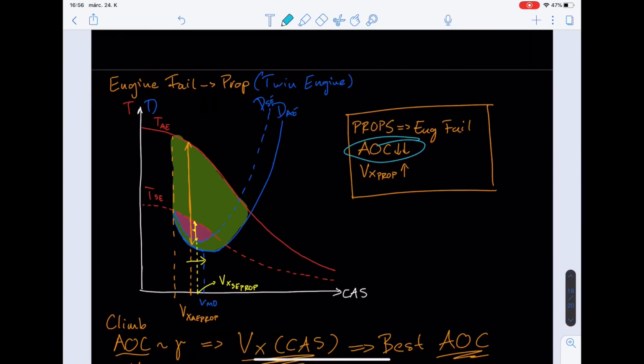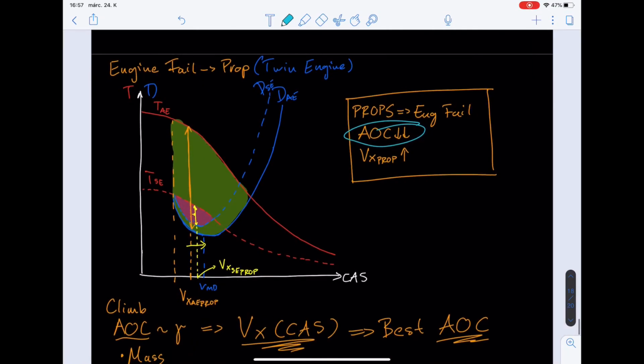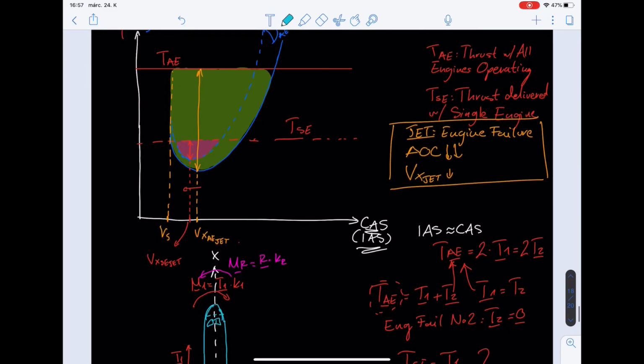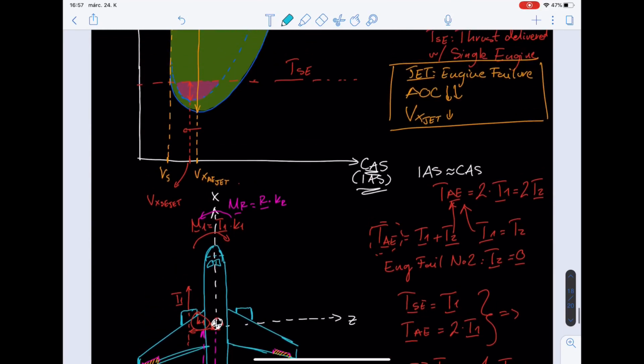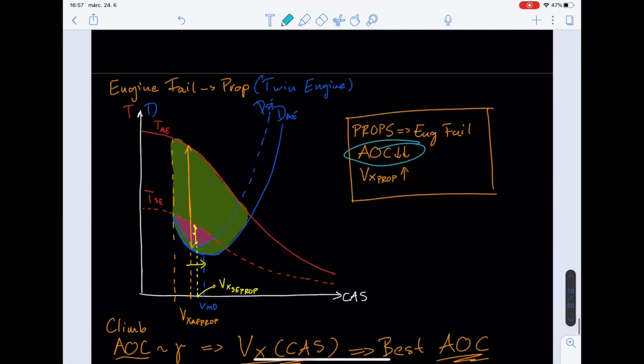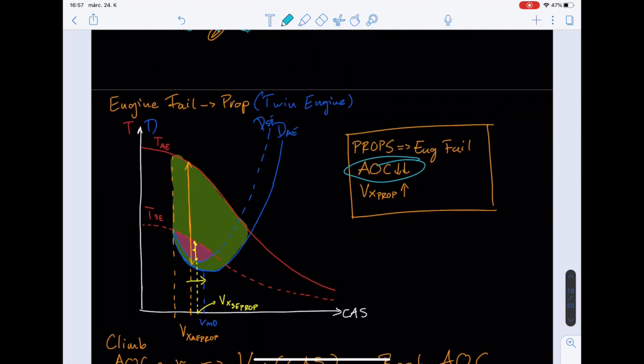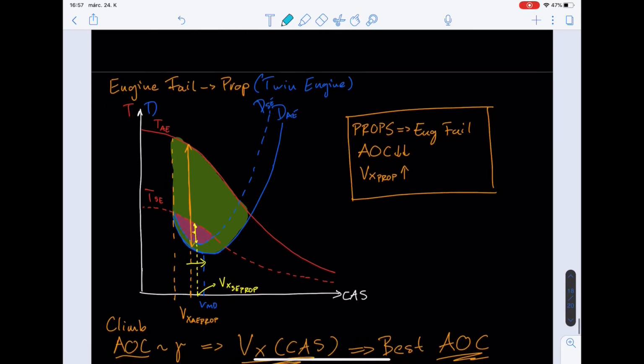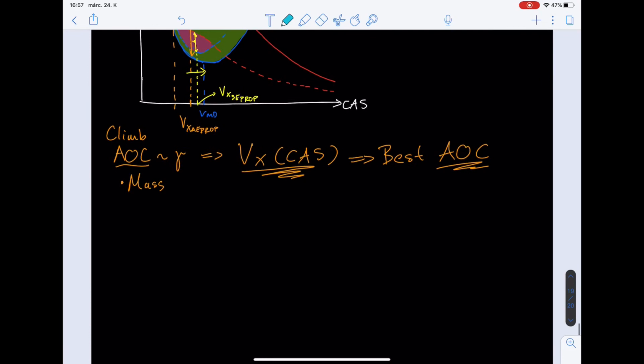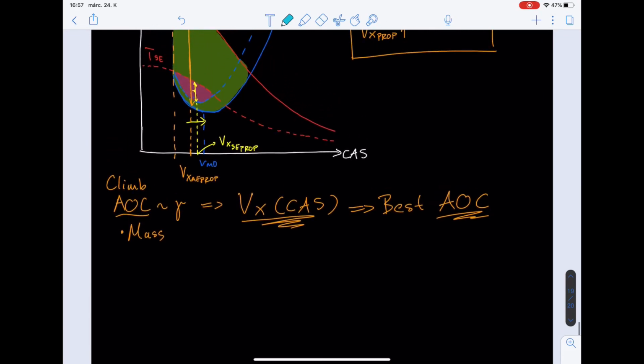So of course that means a quite significant reduction in the angle of climb. However, in this case, in contrast to the jet scenario where the speed was actually less, in the propeller-driven case, the Vx is actually larger than for the all-engine scenario.